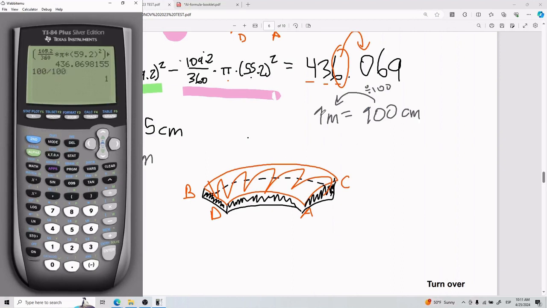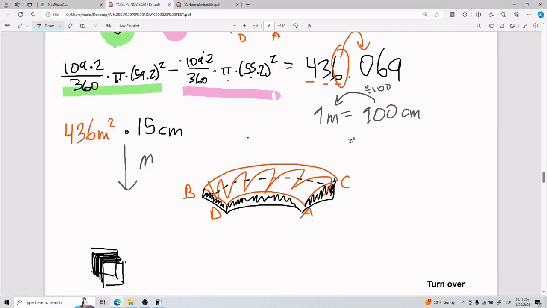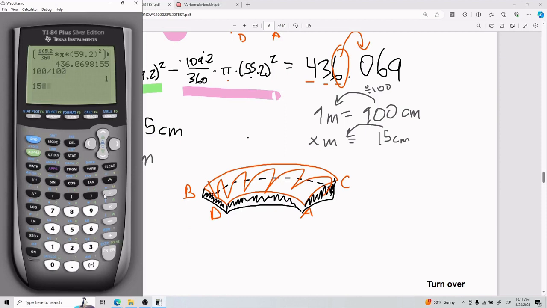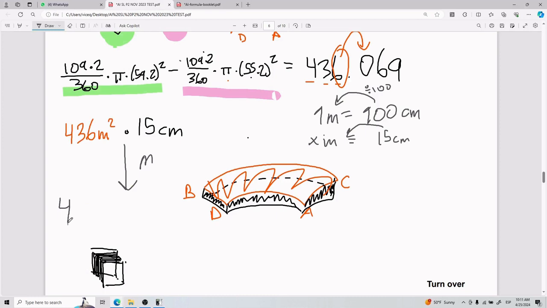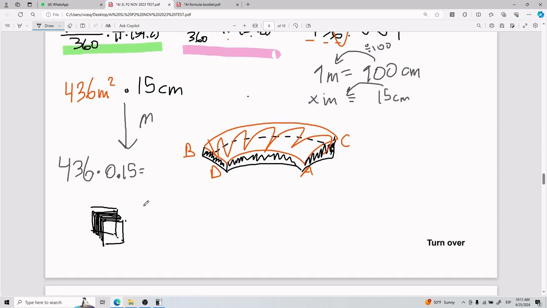So 100 centimeters is for 1 meter. So you can also make this sort of relationship. If you're trying to find 15 centimeters, how many meters would that be? Now the relationship is still divided by 100. So you need to do 15 divided by 100, 0.15. And so to leave it all in meters, it would be 436 times 0.15. That will give you the volume in meters.